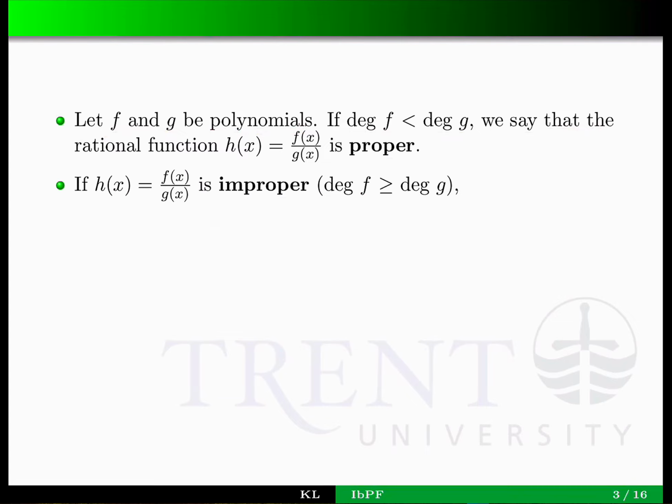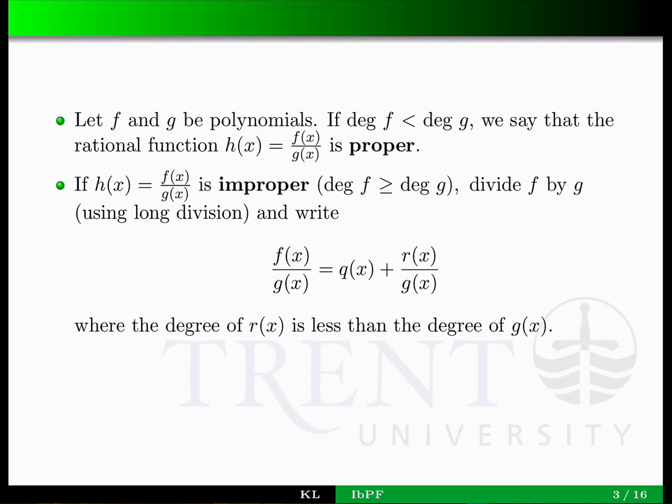Of course, otherwise, if the degree of the numerator is greater than or equal to the degree of the denominator, then we call the function improper. Okay? Now, if we have an improper rational expression, then we can divide f by g using possibly long division, or if you know synthetic division, you can use that.